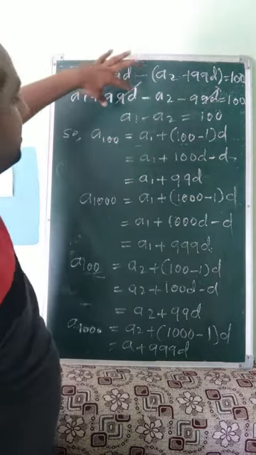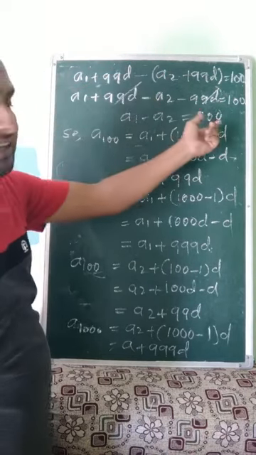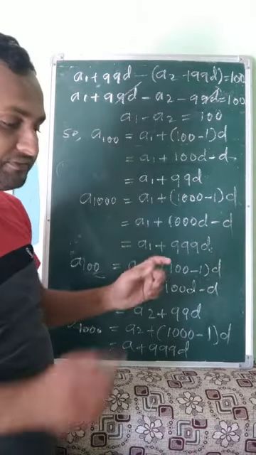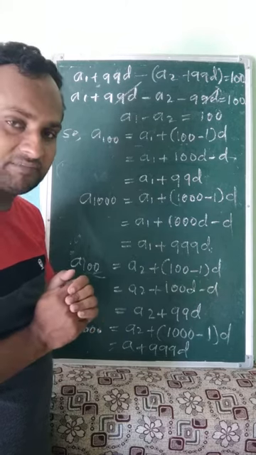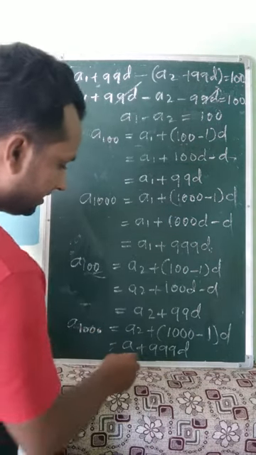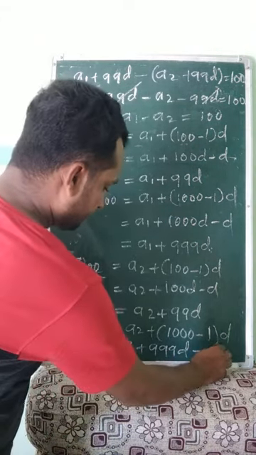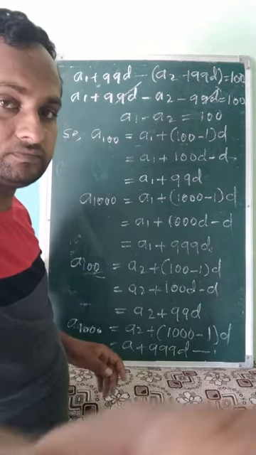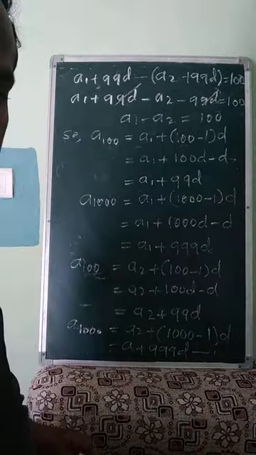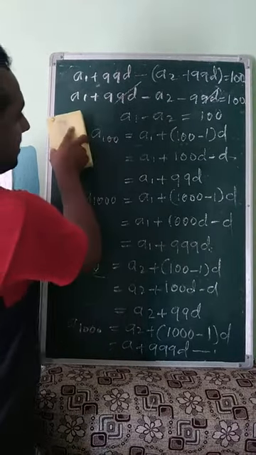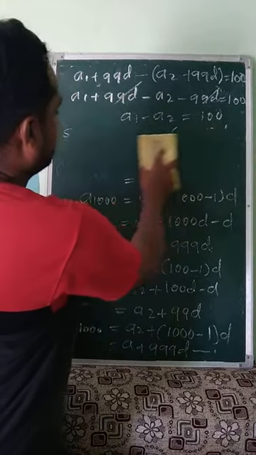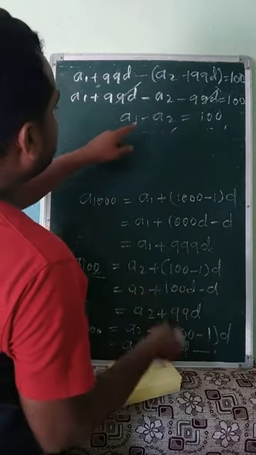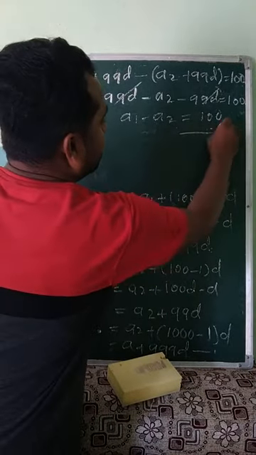The difference between the first AP and second AP is given as 100. Then what about the difference between the 1000th terms of the APs? This is equation 1.